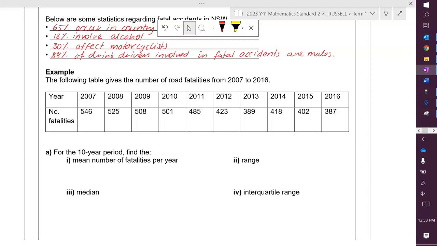So my smallest fatality is 387, then 389, 402, 418, 423, 485, 501, 508, 525 and 546. So that really helps when we're organising our data so that we can then find those things that we need to know.